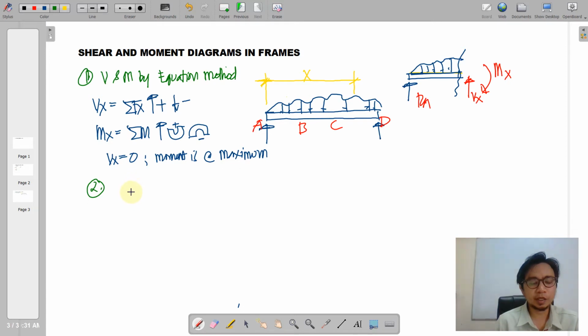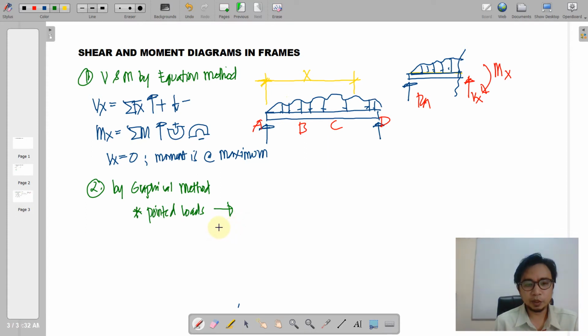And then for the second method, of course, this is by graphical method, wherein we note that the pointed loads will just either increase the ordinates of the shear diagram or decrease it.